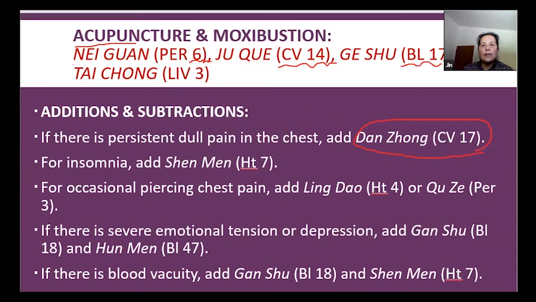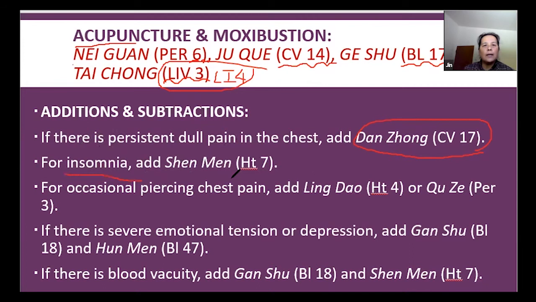And Bladder 17, 膈俞. And Liver 3. Liver 3, I like to use in combination with LI 4 together, the four gates we talked about before. That's stronger qi moving. And we can still modify it from there.